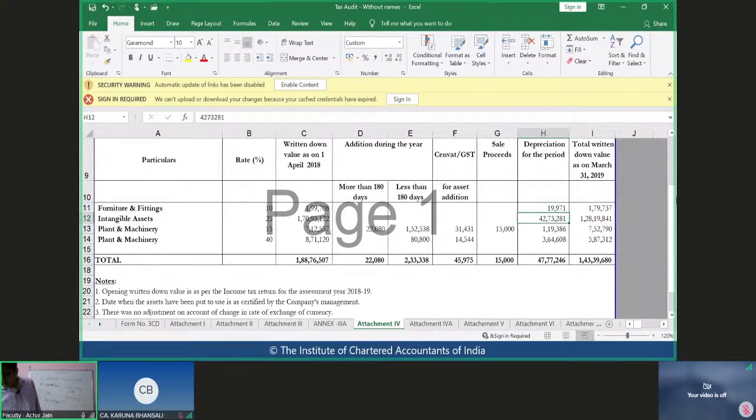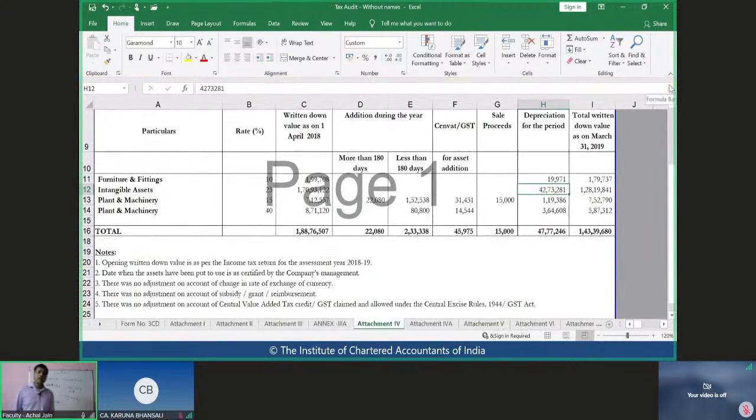Currently you don't see any formula over here, but generally there will be a formula which would have to be applied by the management. In case they have not applied it, then the auditor should also recompute and ensure that the particulars which have been given in this annexure or appendix or attachment are arithmetically correct, over and above these procedures that would have been covered by the auditor. Okay, all of you clear on this?